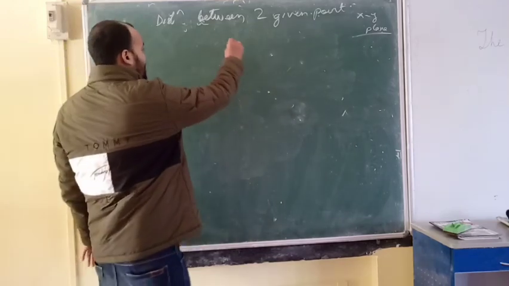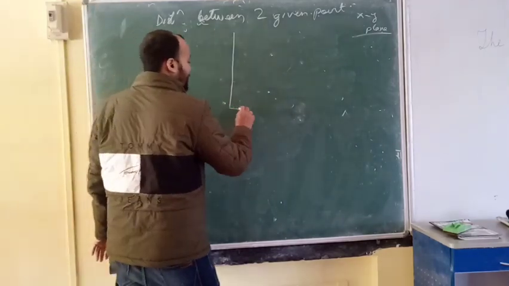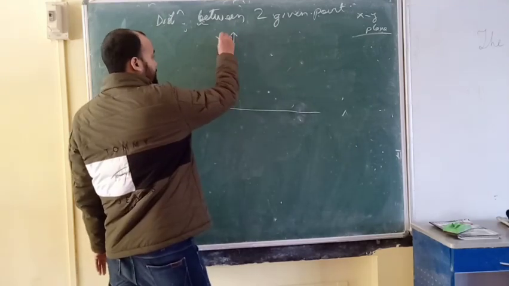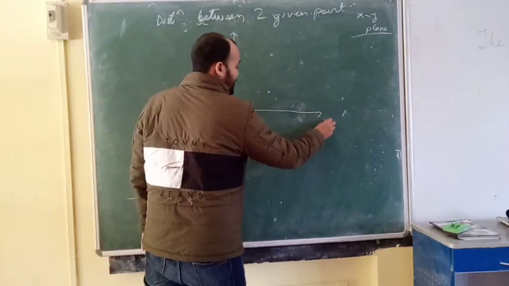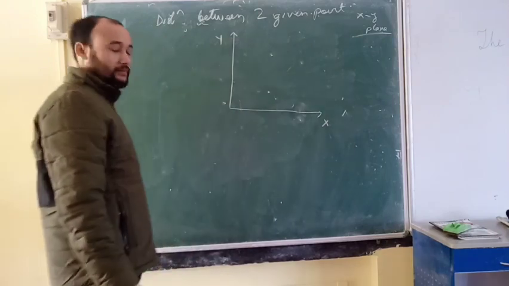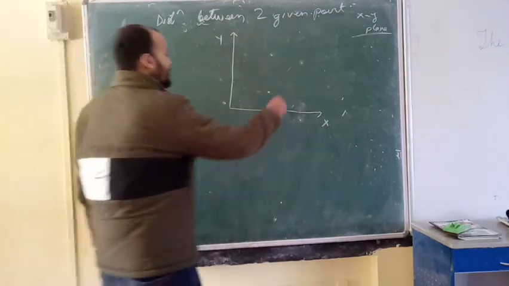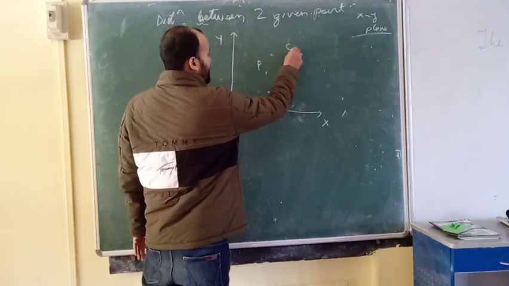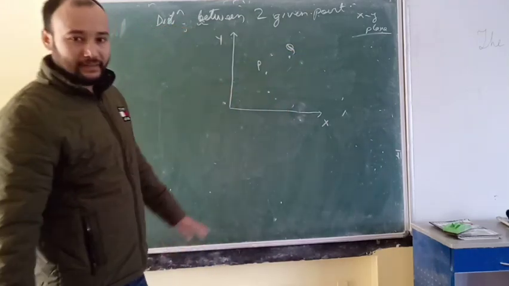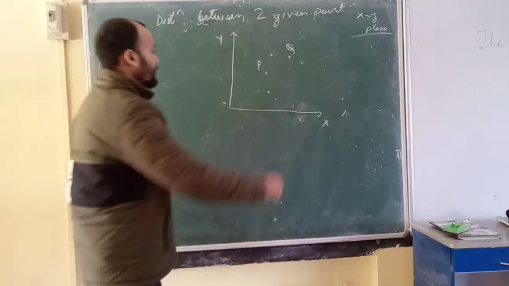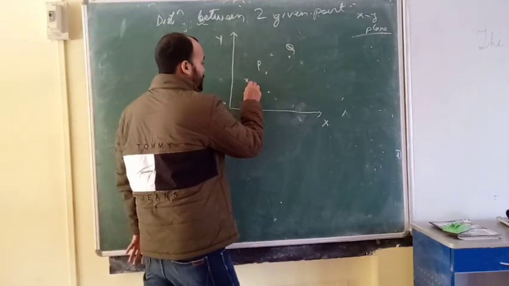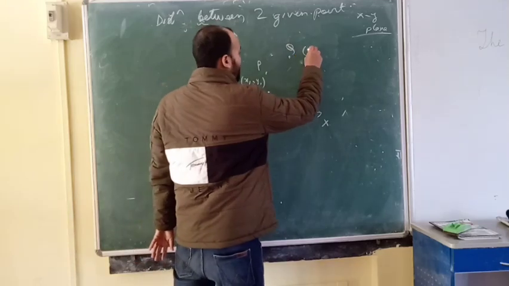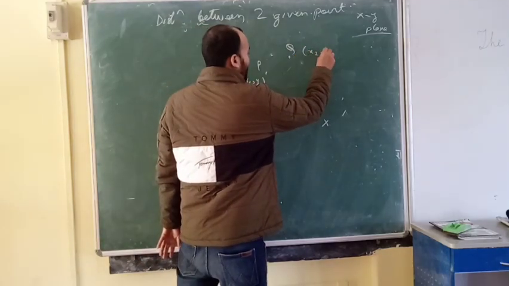Now see, suppose this is our Cartesian plane. This is y-axis. This is x-axis. Now let us consider these two points. This is point P, suppose, and this is point Q, suppose. Randomly I have taken 2 points, and the value of point P is suppose x1 and y1, and the value of point Q is x2 and y2.